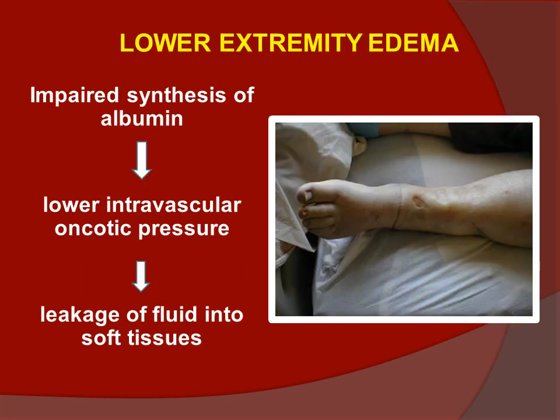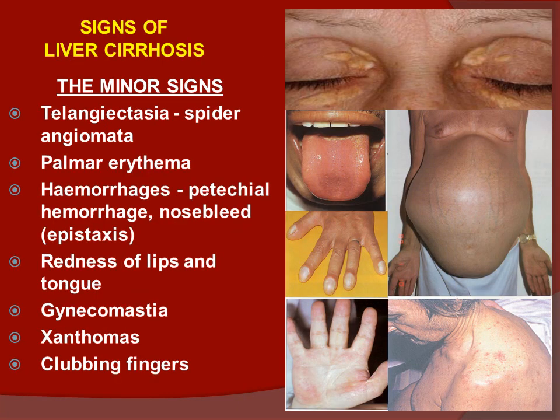Lower extremity edema is a result of liver disease, and the main cause of it is impaired synthesis of albumin. This causes lowering of intravascular oncotic pressure, and this leads to leakage of fluid into the soft tissues.